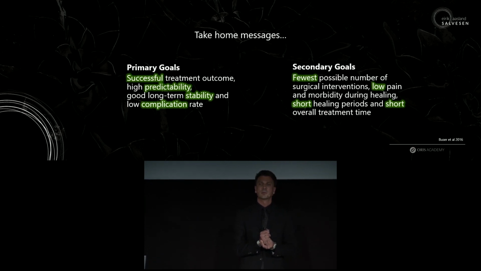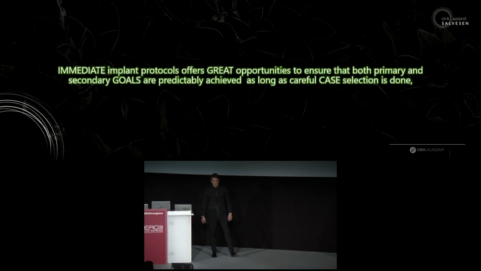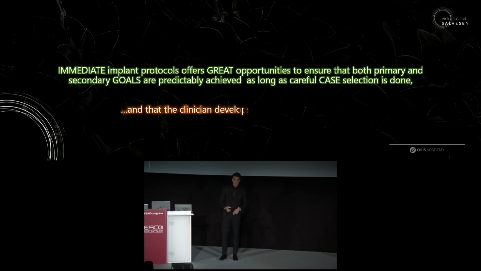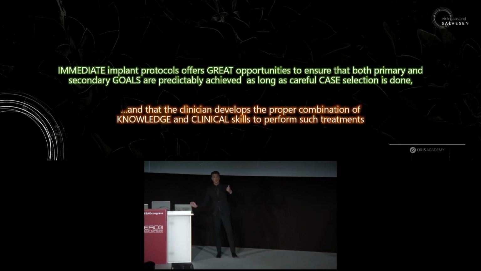And that is the fewest possible number of surgeries, low pain and morbidity during healing, short healing periods, and short overall treatment time. And summing that up, in my experience, immediate implant protocols offer great opportunities to achieve these results. But you also need to develop knowledge and clinical skills to do these procedures. Otherwise, the risk is too high.